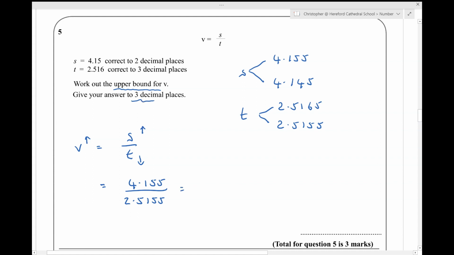I'm asked to give my answer to 3 decimal places. Look, so 4.155 divided by 2.5155 gives me, on my calculator, 1.65175, and so on. Now 3 decimal places, so my answer is going to be 1.652. And that's question 5 finished.